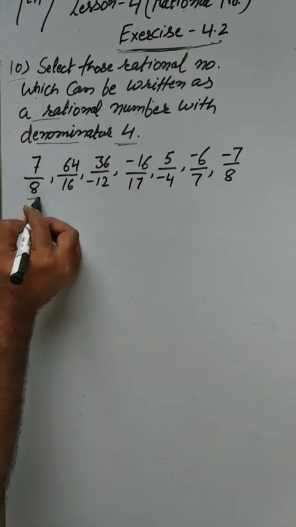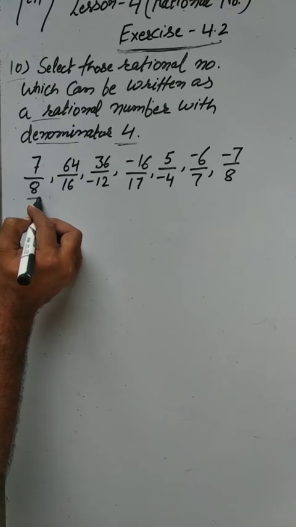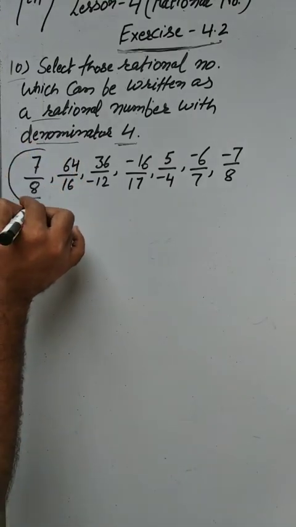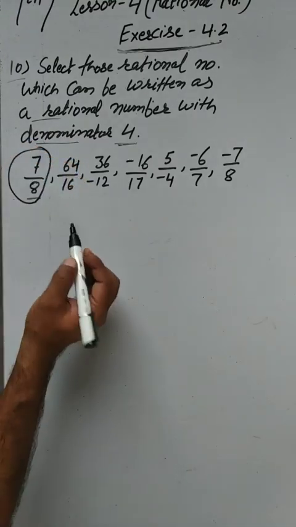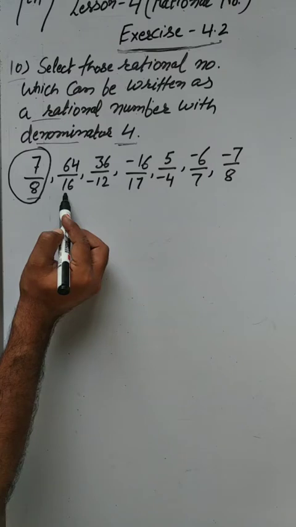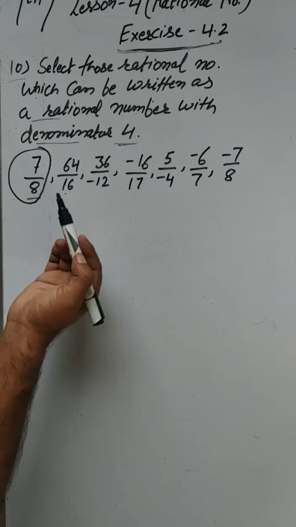Here in the first, the denominator is 8. Can I change 8 into 4? Yes, 8 divided by 2 will be changed into 4. And in the second number the denominator is 16. Can I change 16 into 4? Yes, definitely, 16 divided by 4. 4 4s are 16. So it will be changed into 4.